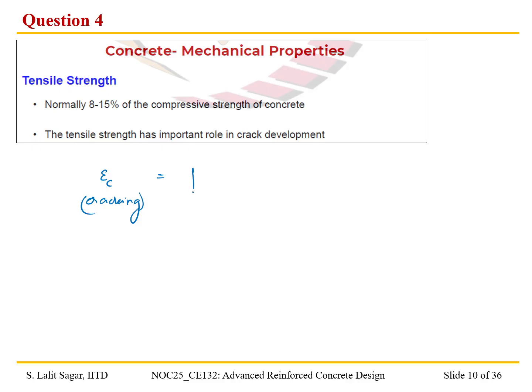This is given by Ft divided by Ec, that is epsilon t corresponding to cracking is 3 divided by 27,041.6, which gives us a value of 11.094 into 10 to the power minus 5.